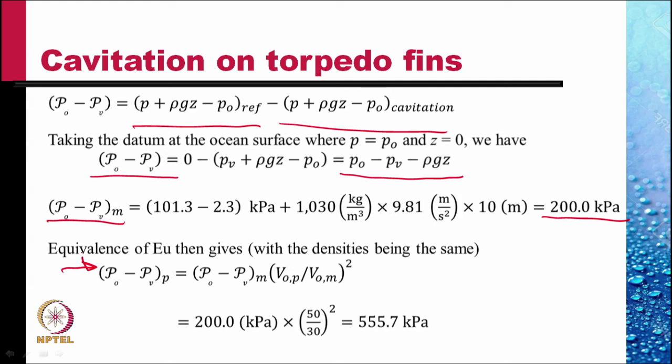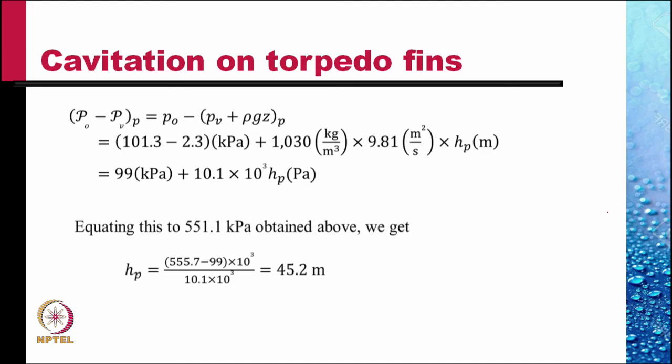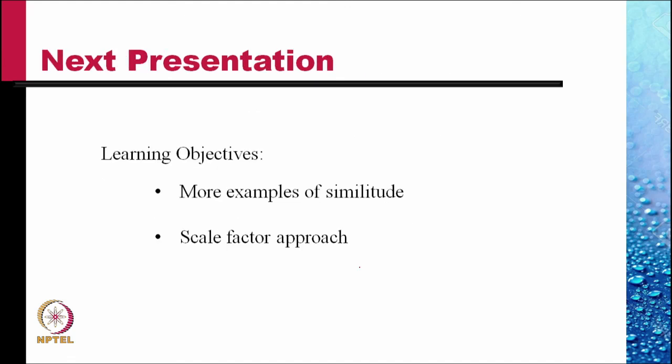The Euler number must be the same. So the characteristic pressure difference in the prototype should be the characteristic pressure difference in the model multiplied by the velocity in the prototype divided by the velocity in the model, whole squared. And this gives that the characteristic pressure difference in the prototype should be 555.7 kilopascal as against 200 kilopascal in the model. And this is obtained at a depth of 45.2 meters. Thank you very much.